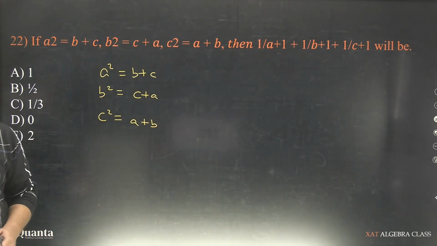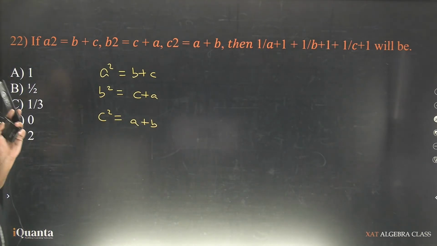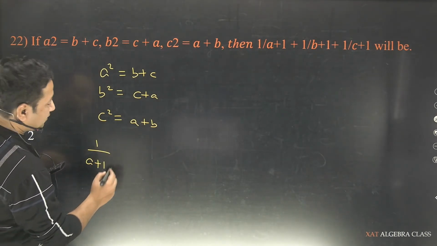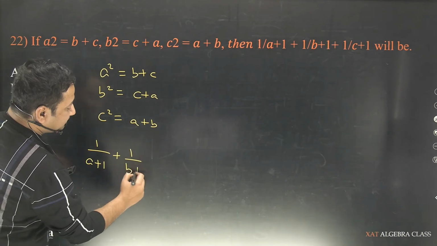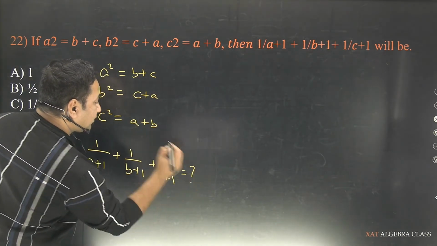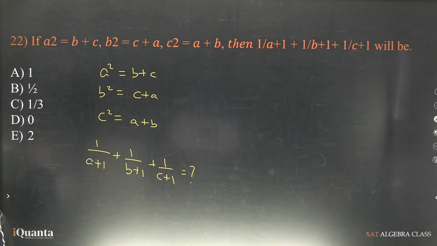This is what is given, and we have to find the value of 1 by a plus 1, it's in denominator, plus 1 by b plus 1 plus 1 by c plus 1. So this is the question. This is a very beautiful question, I must say. Very beautiful.